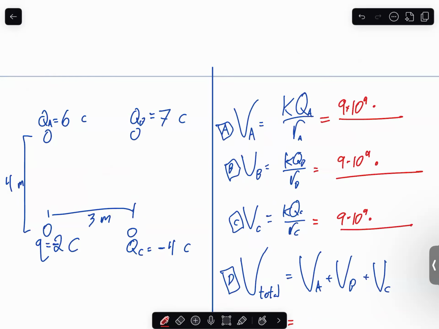The voltage due to B at the location of the test charge, I would use the charge of B. My next number I would write is 7. And then finally, R. The meaning of R is the distance from the source to wherever I care about.